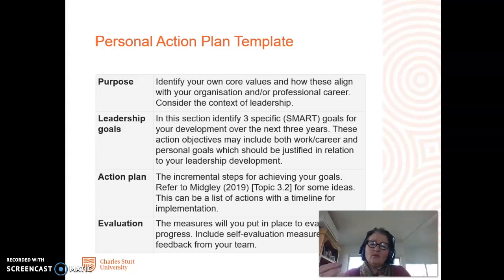And make sure whenever you are actually developing an action plan or a strategy, always have evaluation there, because you need to actually identify the timelines and when you're going to evaluate, and you need to know what that evaluation is up front, particularly putting in place some of these self-evaluation measures and feedback from your team. Now, some of you have chosen as your leadership challenge to use self-leadership, self-reflective practice, and actually starting to be able to incorporate that into your everyday leadership work.